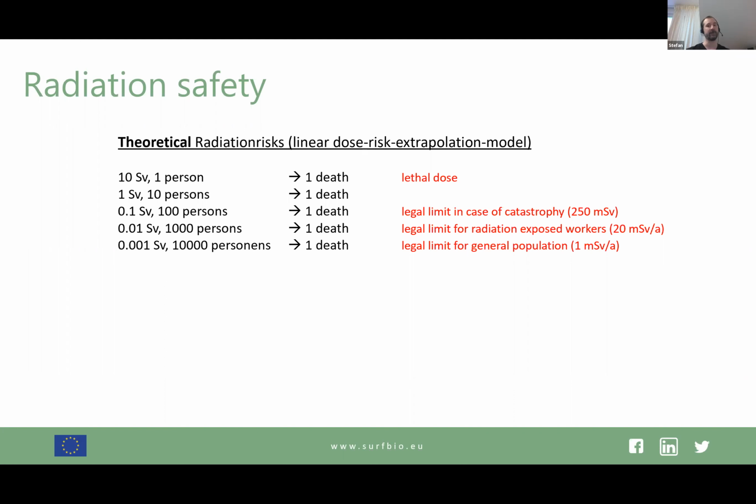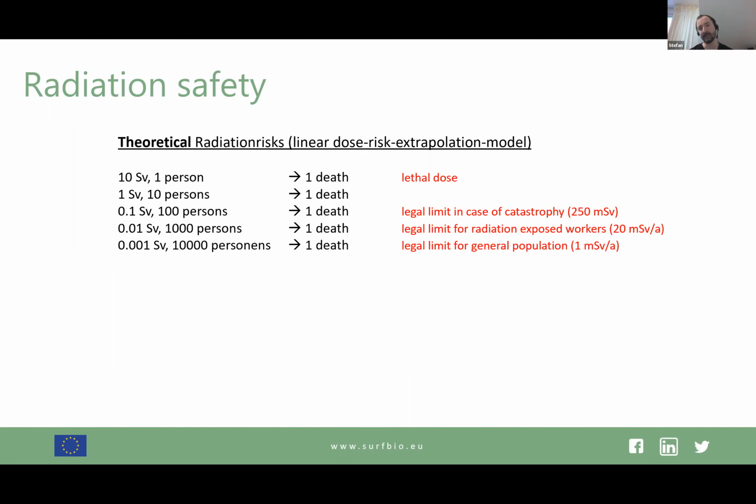From this, you now go linearly down, you extrapolate. So 1 sievert on 10 persons, one of them will die, and 0.1 sievert on 100 persons, again, one will die. In this range is, for example, in Germany, the legal limit in case of catastrophe, so for the fireman if there would be a nuclear emergency. And then you have 10 millisieverts on 1,000 persons, 1 death.